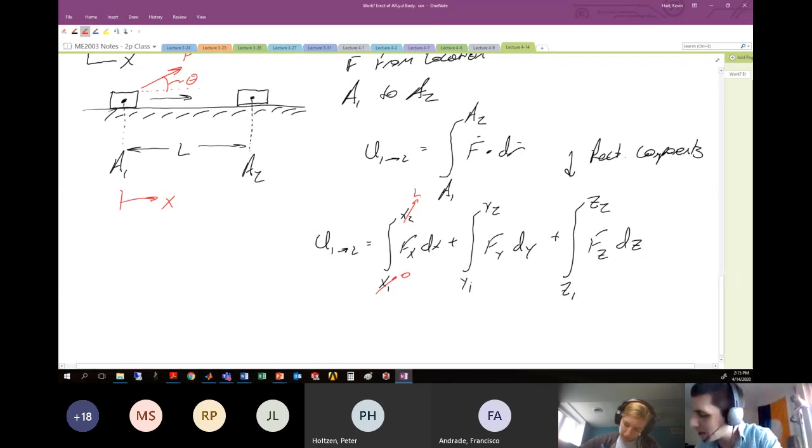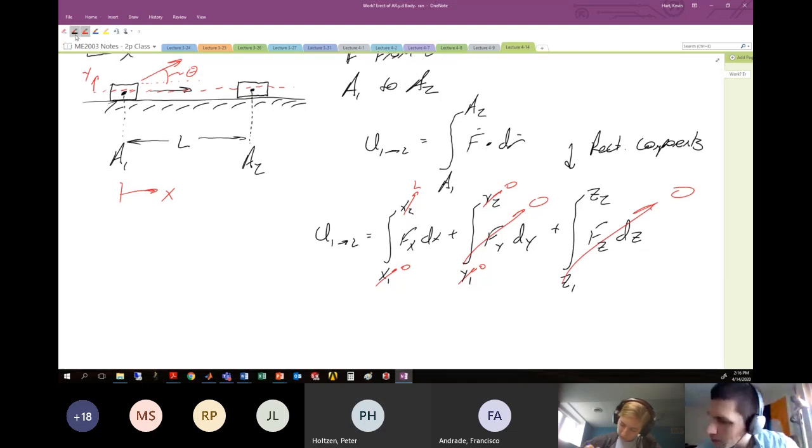If I'm starting at y equals 0 and ending at 0, this entire term is going to be 0. Same idea for z: I'm not moving in and out of the board, so that component is 0.